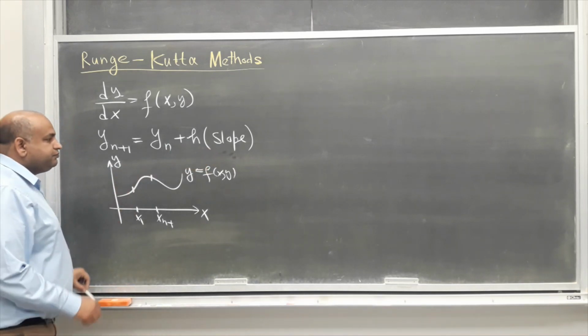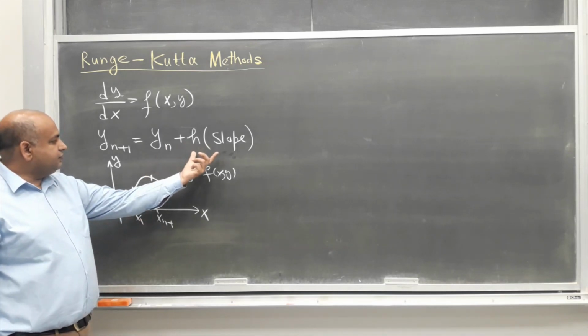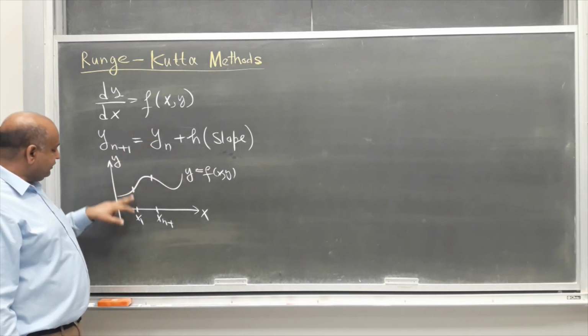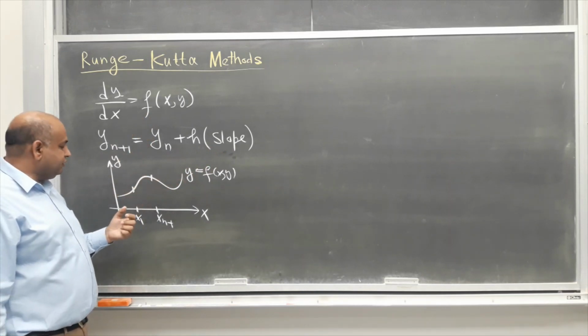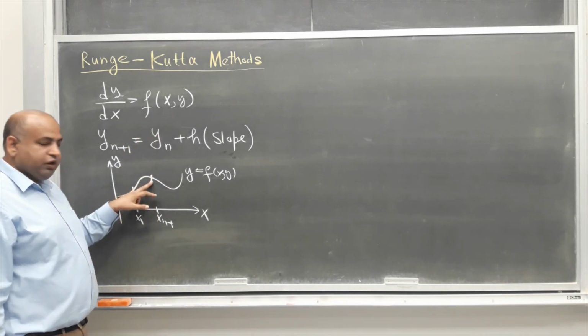For example, Euler's method is the easiest one, where slope is just the value of this function at this point. In backward Euler method, the slope is just the value of this function at this point, and so on.